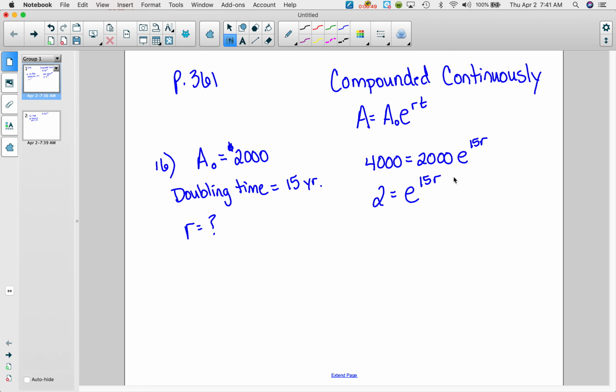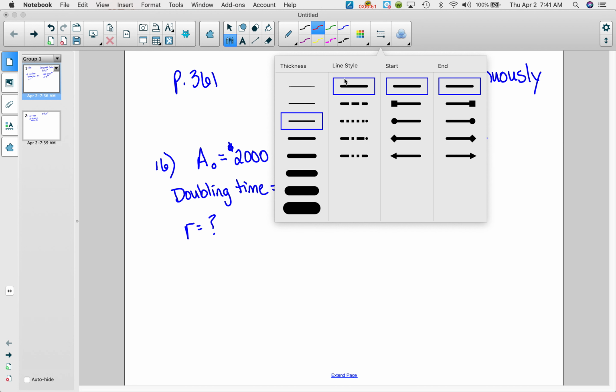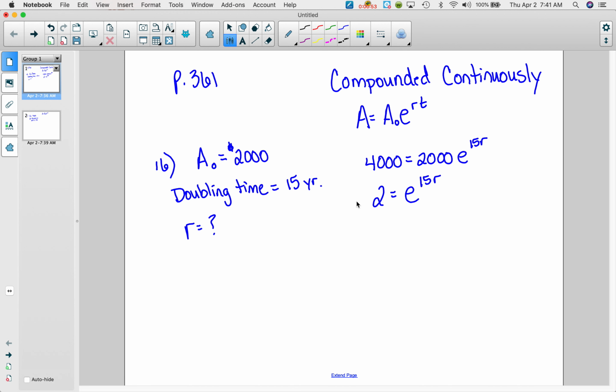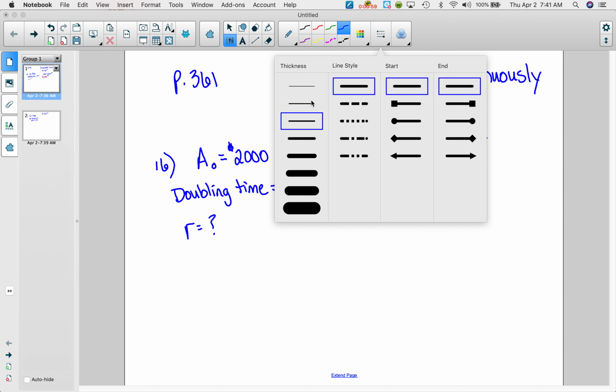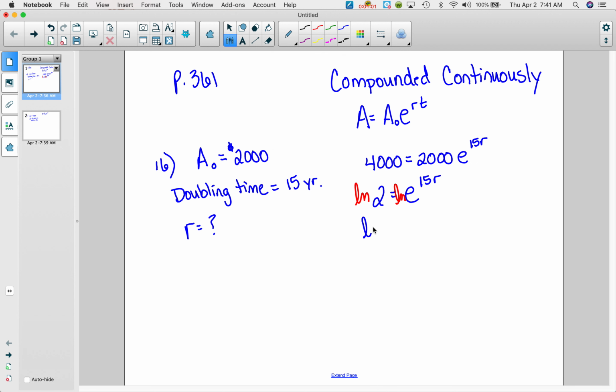And probably you know what to do from here, but let me go ahead and finish it since this isn't your homework anyway. I'm going to take the natural log of both sides. So then we end up with ln 2 equals, this cancels out, 15R. So R is ln 2 divided by 15.